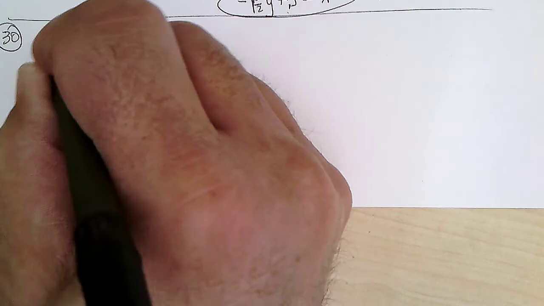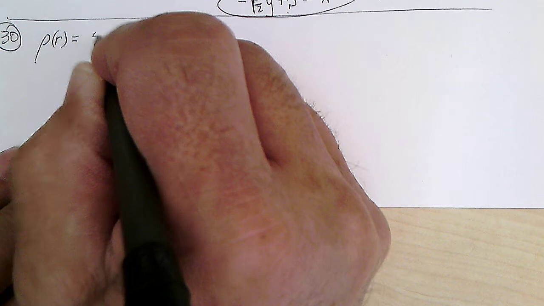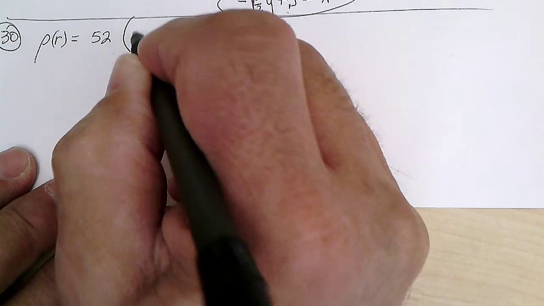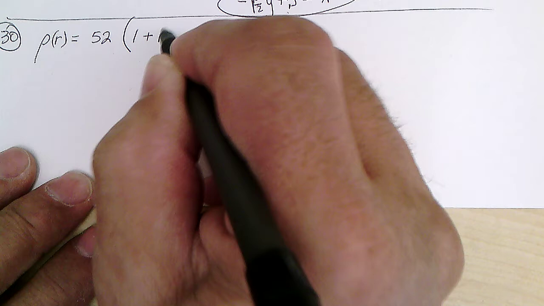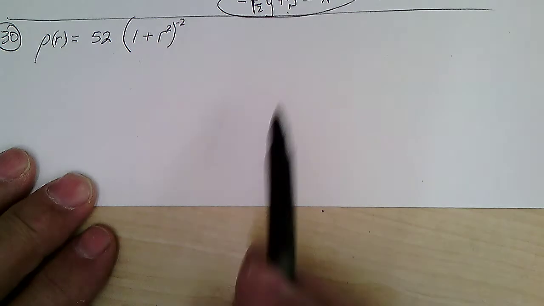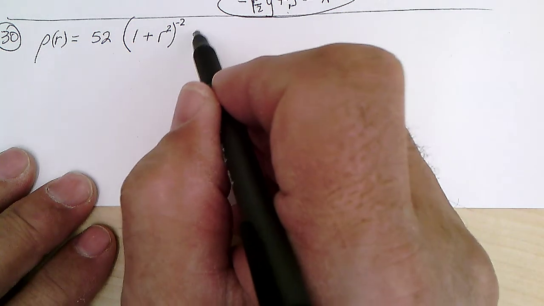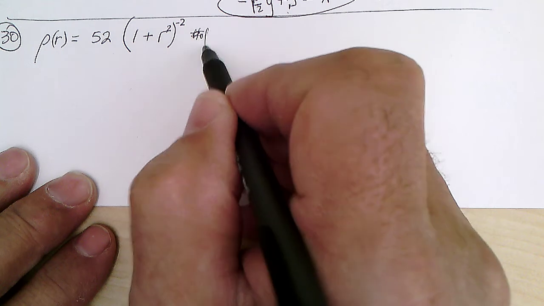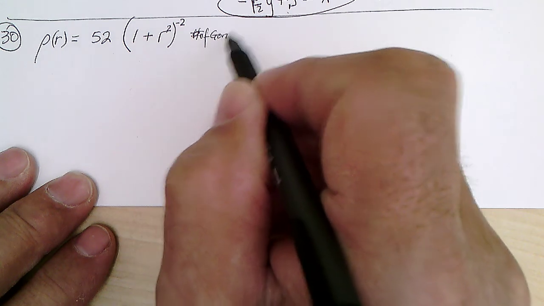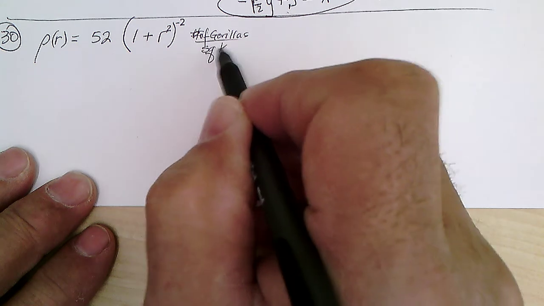It says that the radial density of the gorillas is 52 times (1 plus r squared) to the minus 2. So what this is, is the number of gorillas per square kilometer.